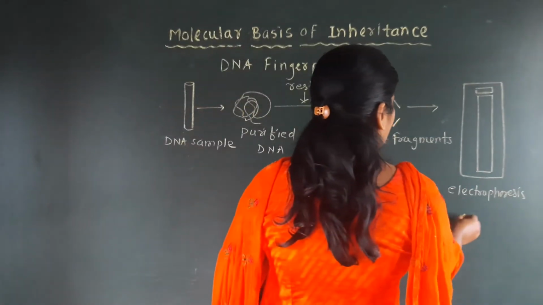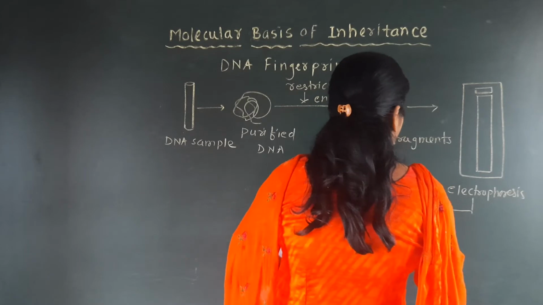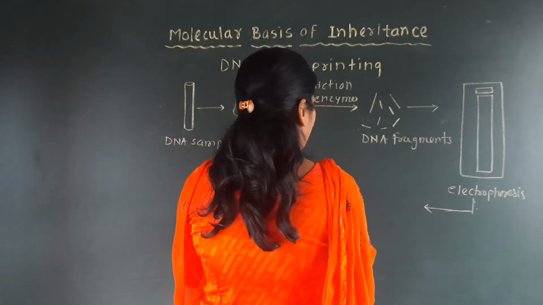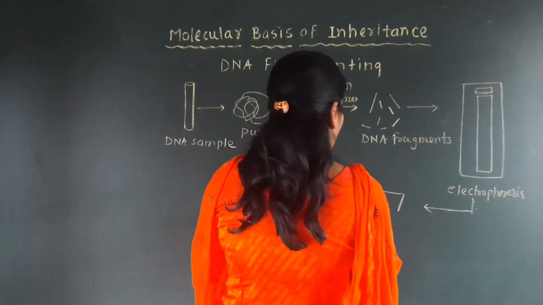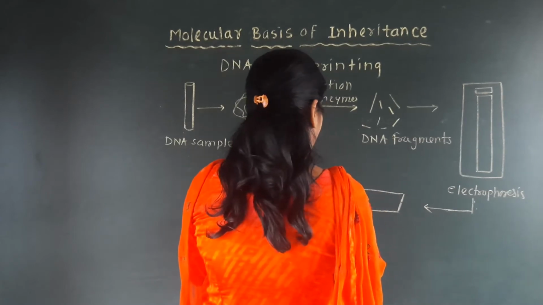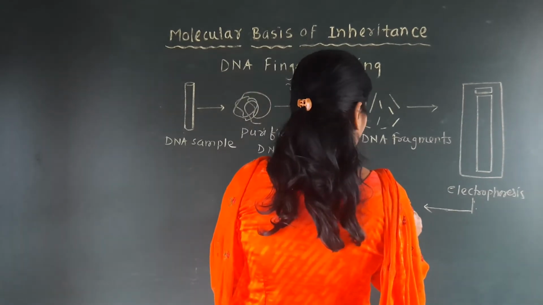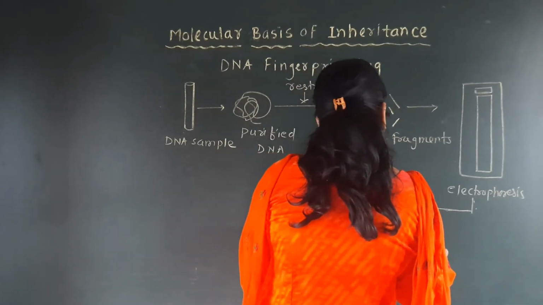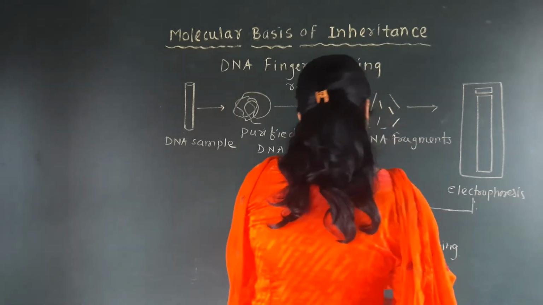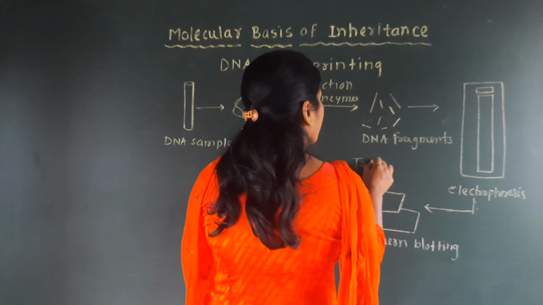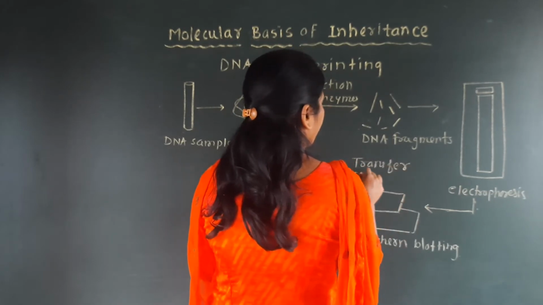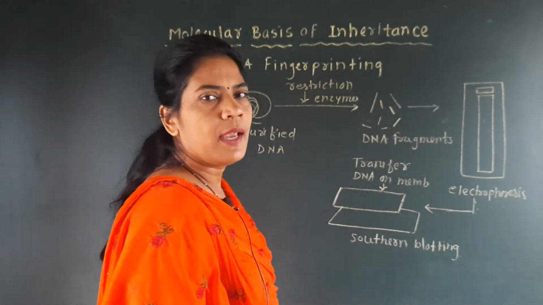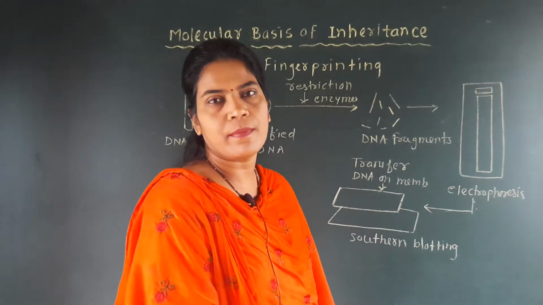Next to electrophoresis, the next technique involved is called Southern blotting, shown here in this figure. Here we transfer the DNA onto a membrane, and we have studied that the membrane is a nitrocellulose or nylon membrane.